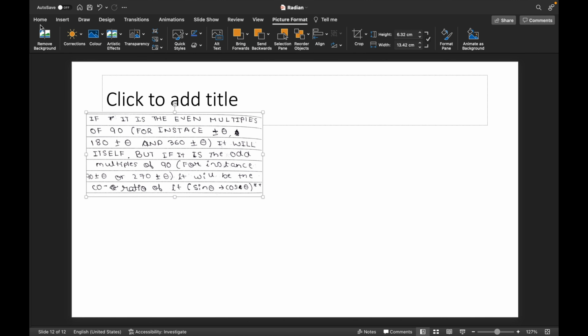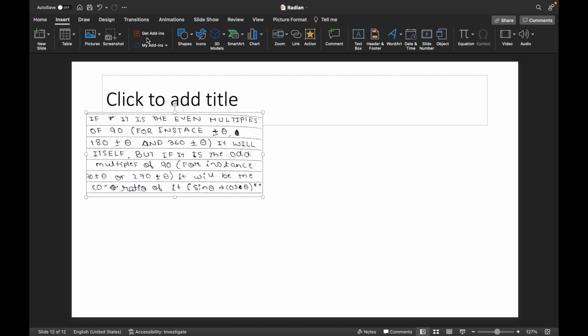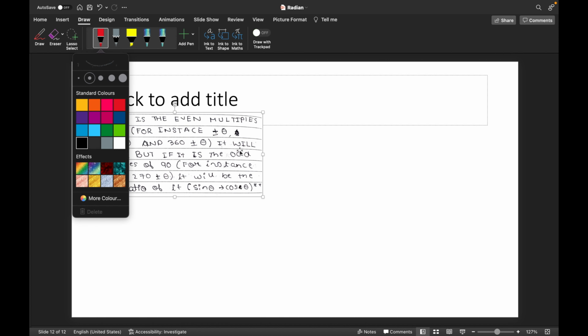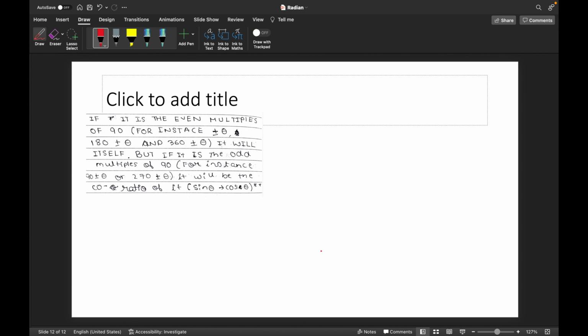Okay, so if we want to simplify cos 270 plus 30, 270 is an odd multiple of 90.